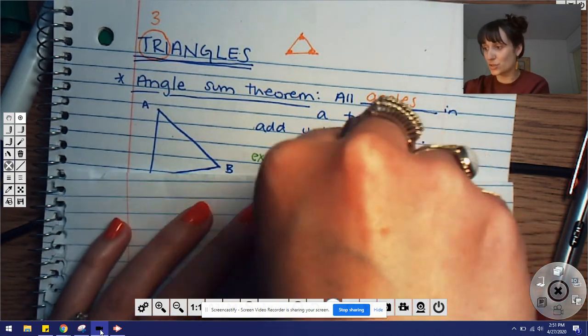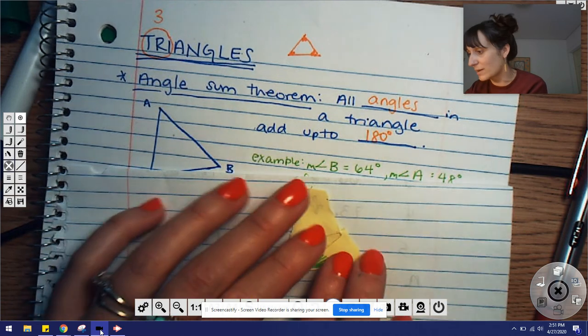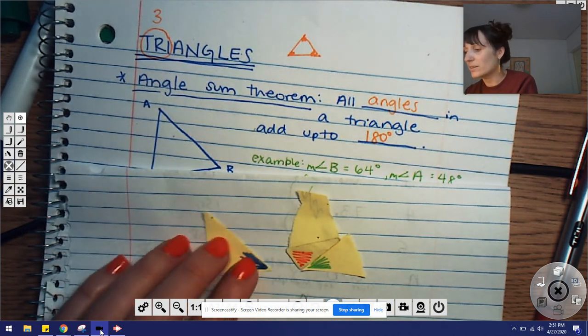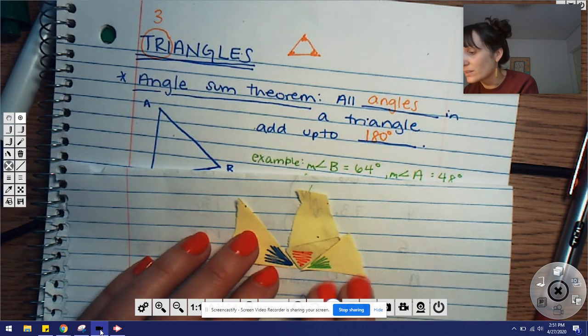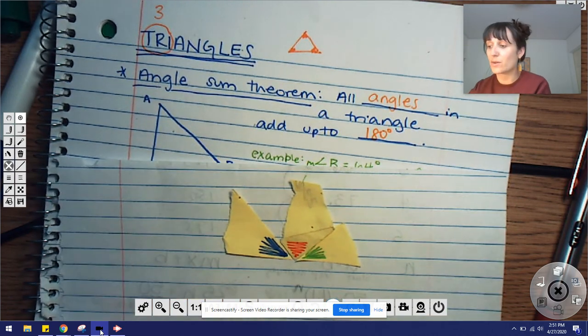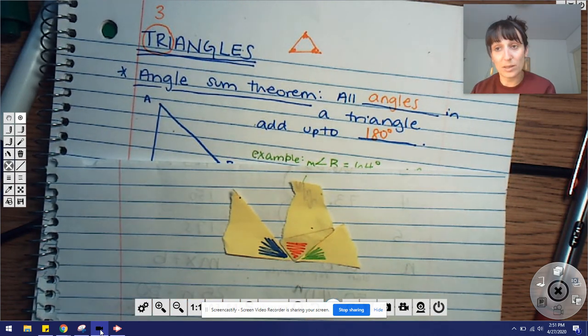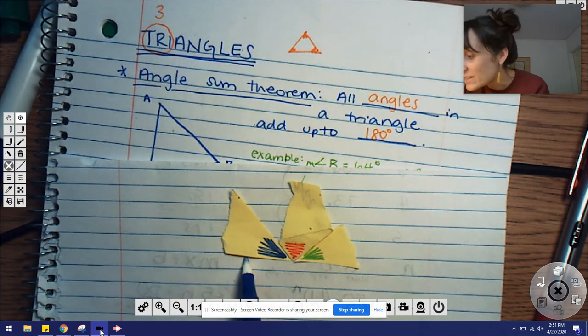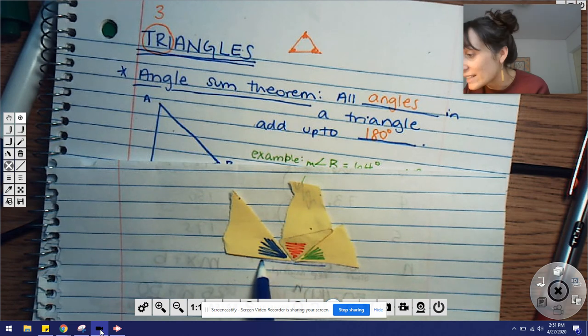I took this green angle from up top, and I'm going to rearrange it so that it's touching my red angle, and then I'm going to take my blue angle. Check this out. When I put together my three corners, it makes a perfectly straight line.